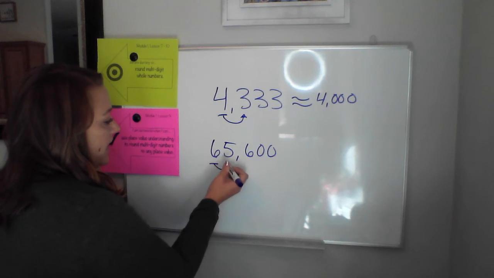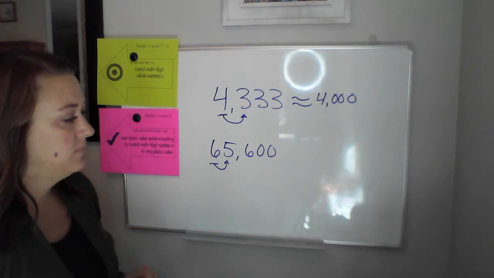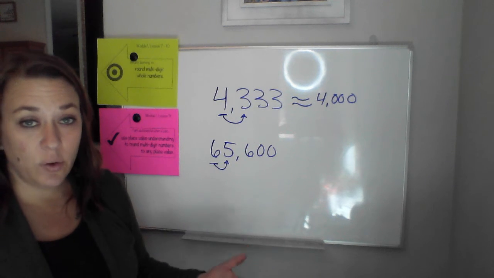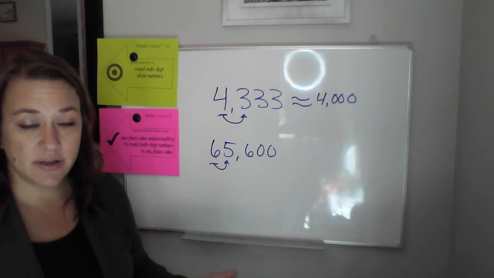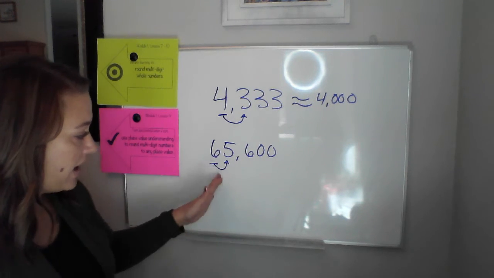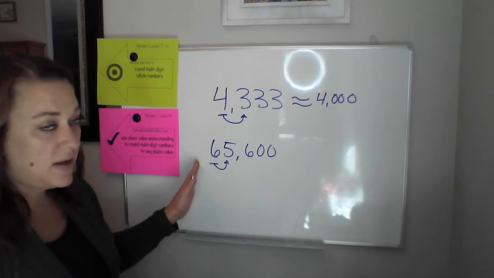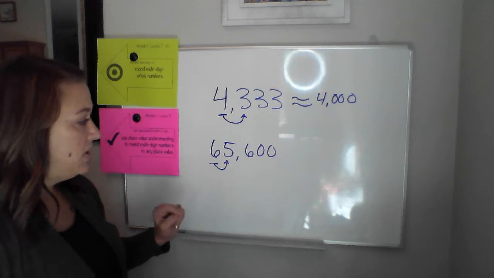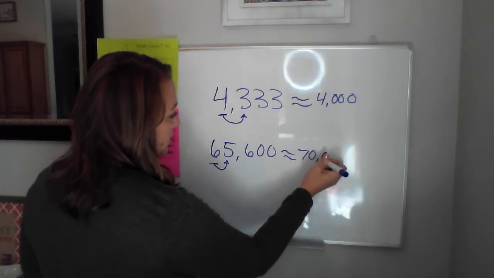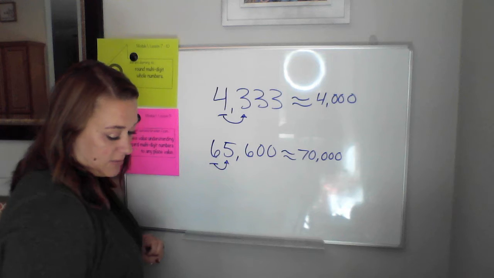When I look to the right, I see a 5. What do we know about rounding? If the number to the right is 5 or more, we round up. So because I already identified my high point as 70,000, we know that this is going to round to 70,000.